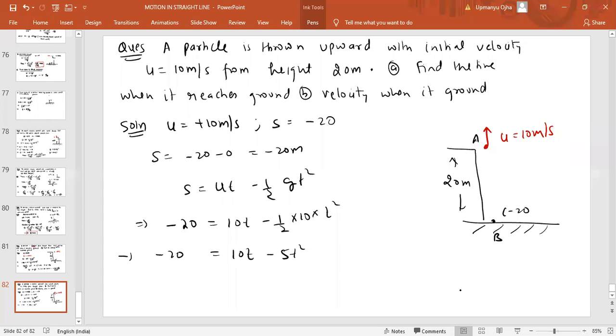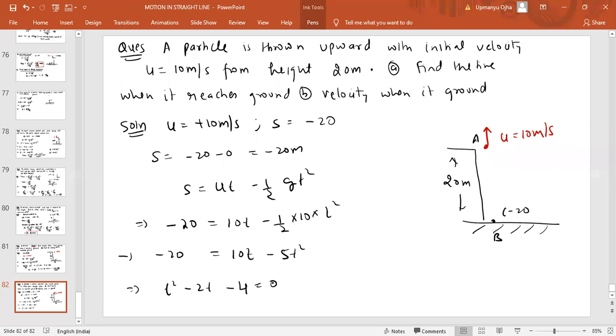If you solve this, 5 can be cancelled out from all sides. We get t square minus 2t minus 4 equal to 0.